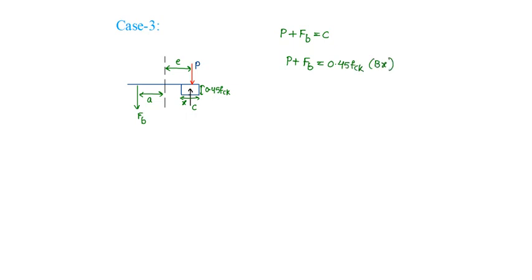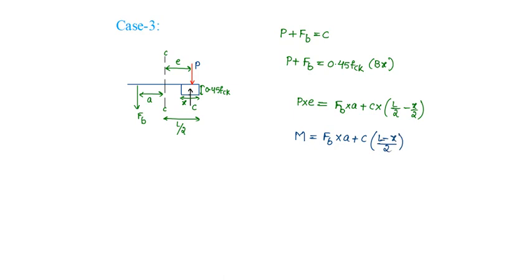Taking moments about the central axis, say CC, the clockwise moment is P into E, which will be equal to the anti-clockwise moments, that is FB into A plus the compression force into its CG distance, which is L by 2 minus X by 2. We know P into E is M, so M is equal to FB into A plus C into (L by 2 minus X by 2).